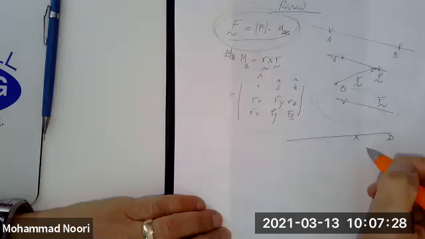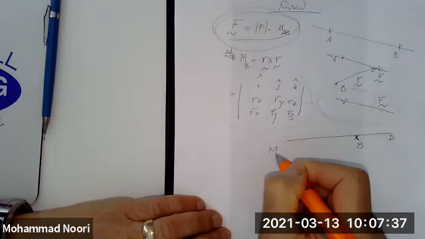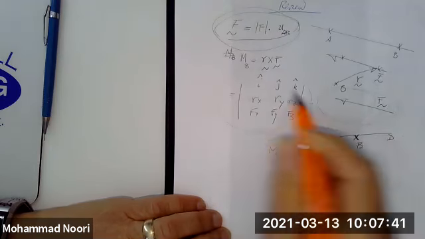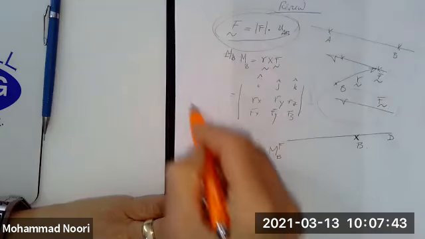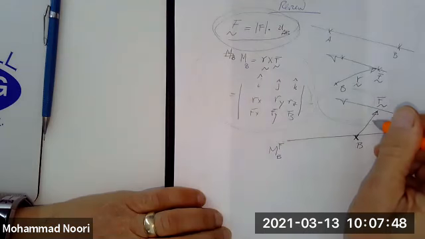So moment about an axis, how do you find it? You identify a point along this axis. Then you take the moment of that force about that point. So the first part is exactly what you have done here. Moment about a point, right? So the procedure is identical.